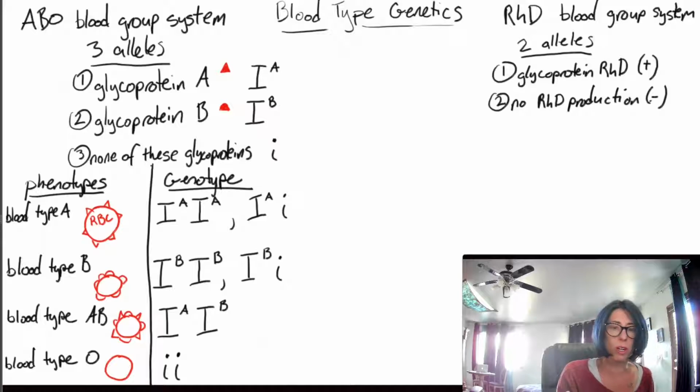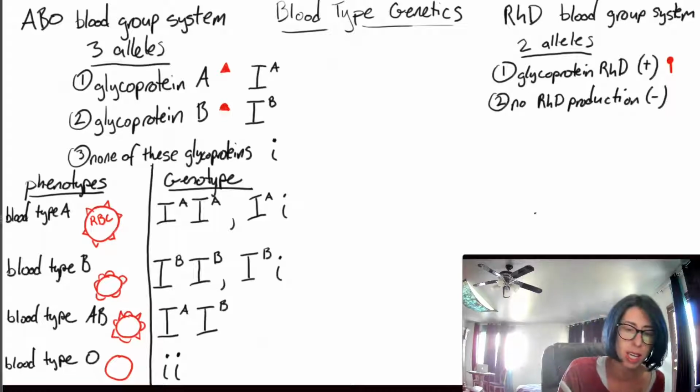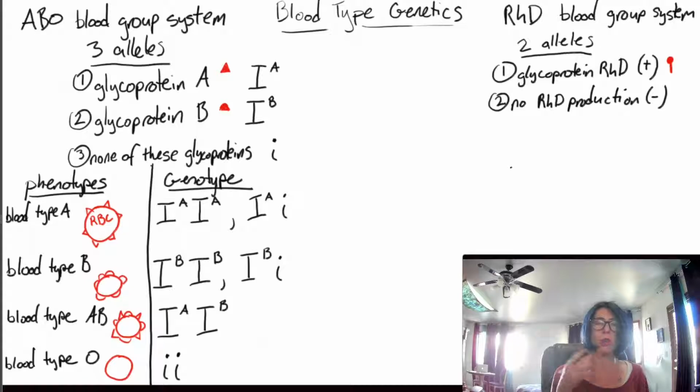And if I were to make a little symbol for that, in my last video, I said that RHD glycoprotein looks like that. So you have an allele to produce that glycoprotein, or you have an allele to not produce that glycoprotein. And then, to track this genetically, we will symbolize these alleles in the following fashion.